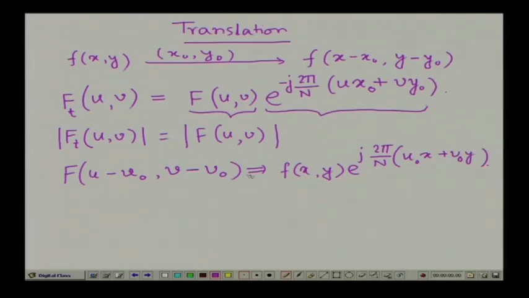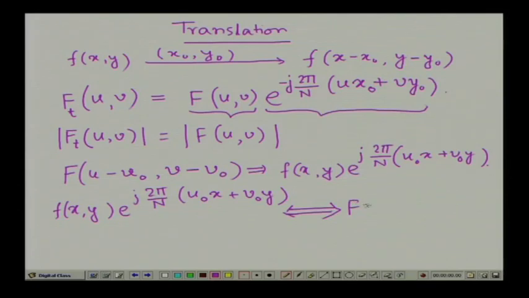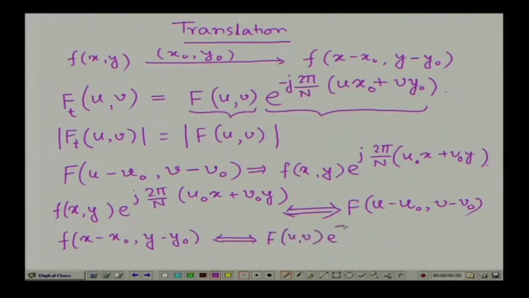So, under this translation property, the DFT pair becomes: if we have f(x,y) e to the power j 2 pi by capital N (u naught x plus v naught y), the corresponding Fourier transformation of this is F(u minus u naught, v minus v naught), and if we have the translated image f(x minus x naught, y minus y naught), the corresponding Fourier transformation will be F(u,v) e to the power minus j 2 pi by N (u x naught plus v y naught).